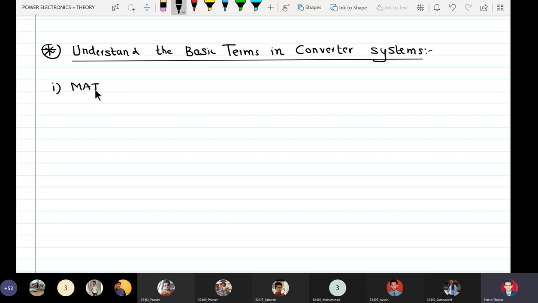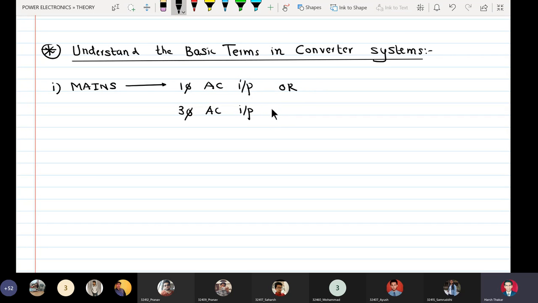mains. Mains indicates either a single phase AC input, or it can also mean a three-phase AC input.